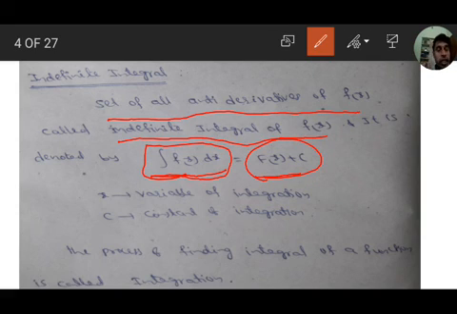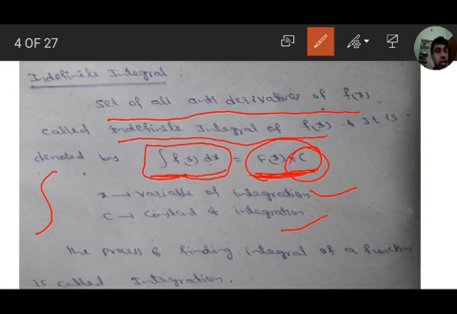For derivative we use d by dx; for integration we use the symbol, an enlarged S, which means summation. Integration of f of x into dx equals capital F of x plus c. X is the variable of integration, and c is the constant of integration.